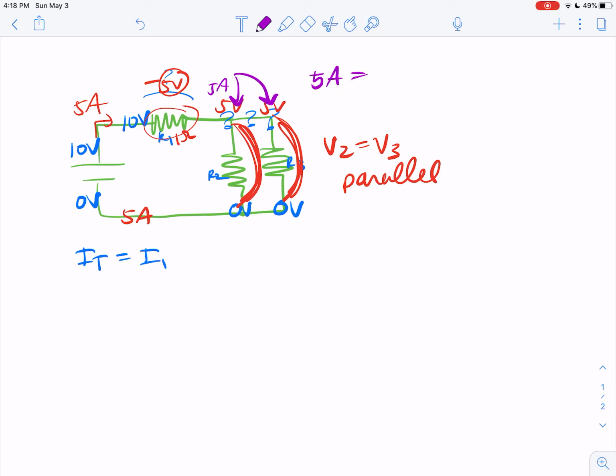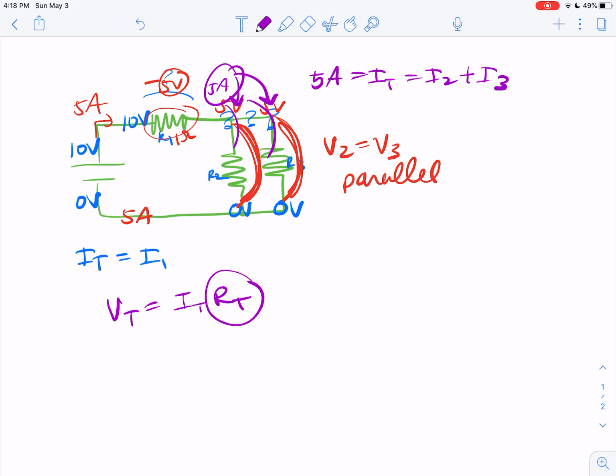So 5 amps, or the total, is going to be 2 and 3 added together, because that 5 amps is going to have to split over both paths. Okay? All right, and then to find the total resistance, you're probably mostly stuck at using this, right? Because otherwise it's kind of complicated, but, you know, doable. All right, okay, so that's a quick overview, but let's try a couple problems on the next couple slides, and then I think you'll get it better.